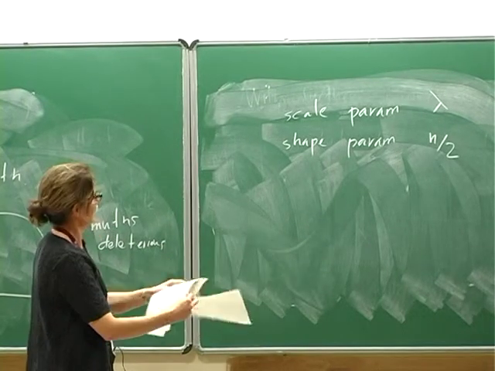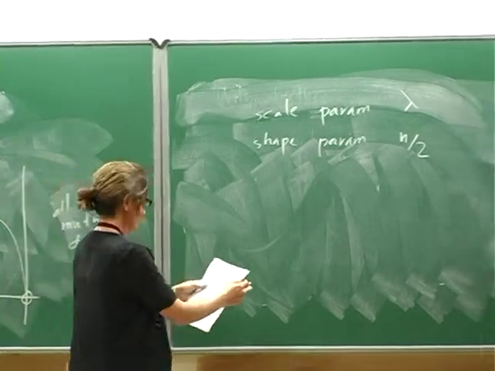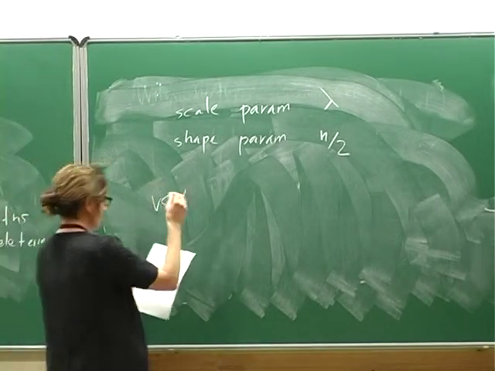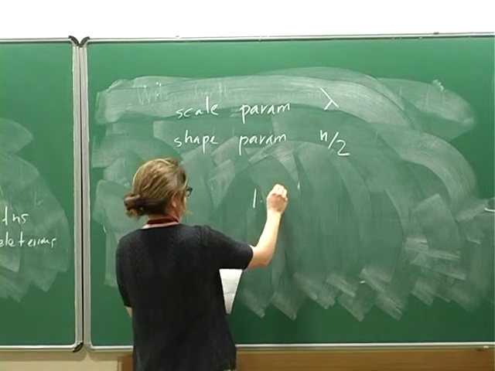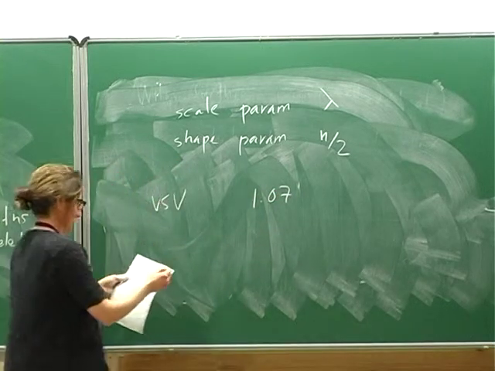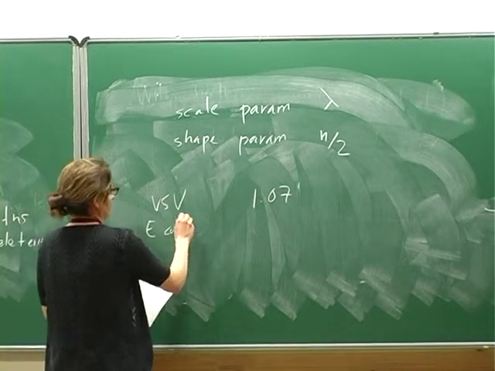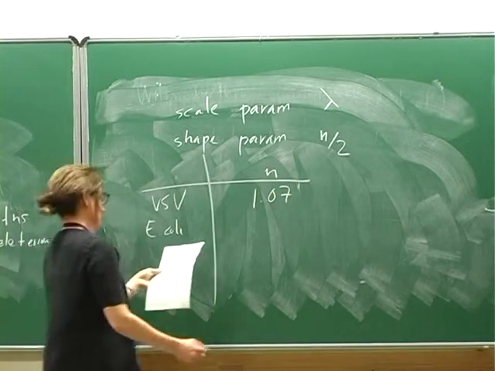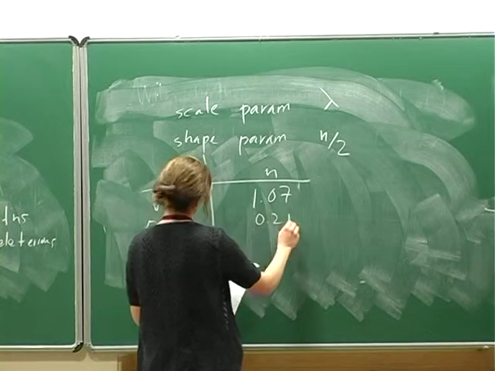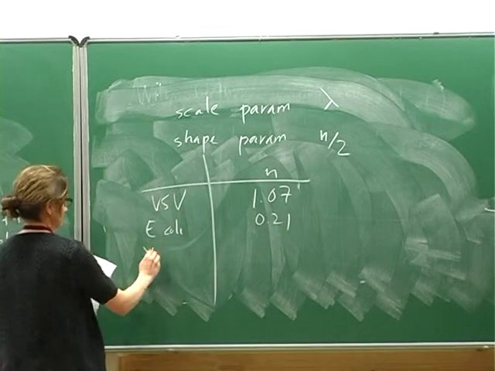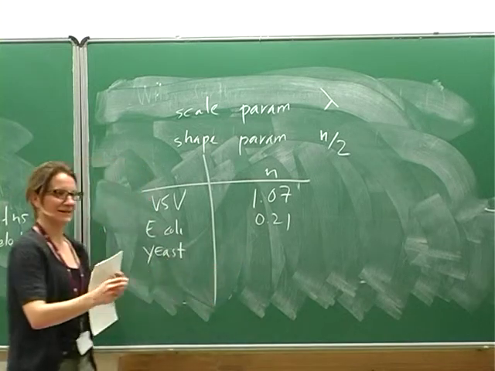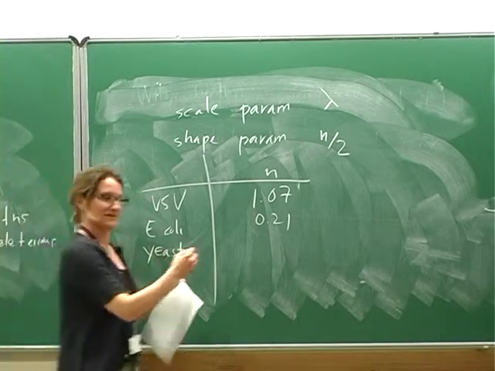So when they did that, what did they get? I wrote them all down. This should really be a slide, I apologize. But for vesicular stomatitis virus, they got 1. E. coli, they got 0.21. Seems a little suspicious to me. Yeast, that's the estimated number of traits.